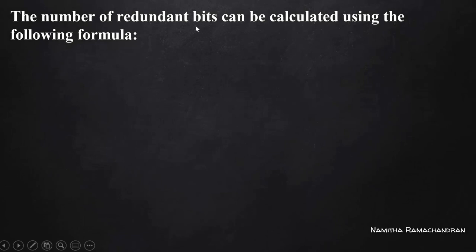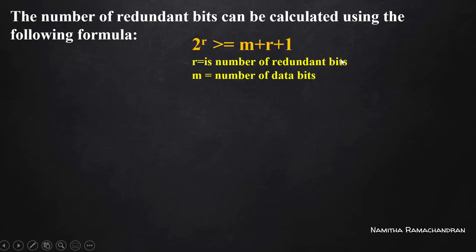So the first step, the number of redundant bits, can be calculated using this formula: 2 to the power r is greater than or equal to m plus r plus 1, where r is the number of redundant bits and m indicates the number of bits present in the data to be transmitted.